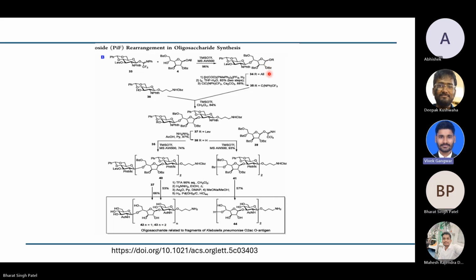Again here they have taken this pyranoside as a donor for the tetrasaccharide synthesis. This is separate in this case. While doing glycosylation, since they are not taking other galactose, it won't change.